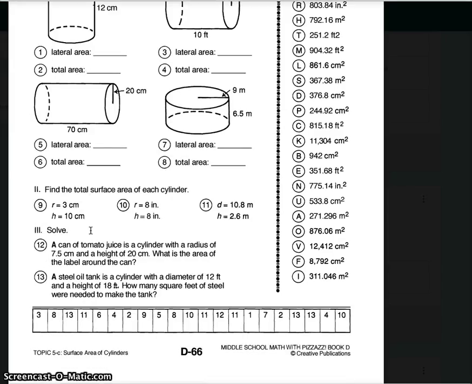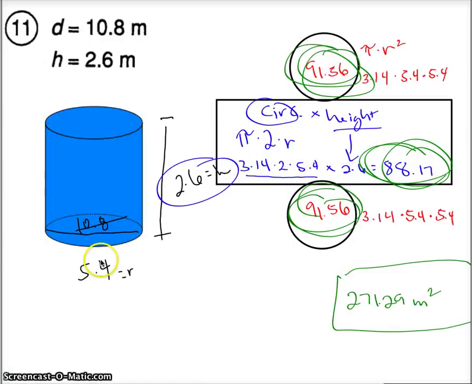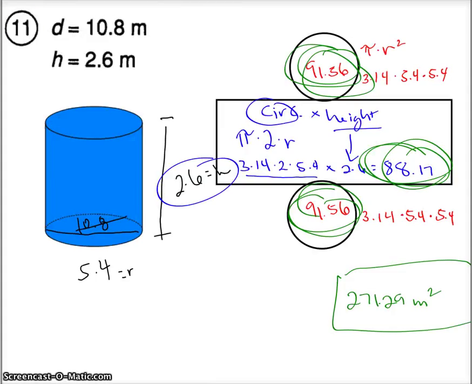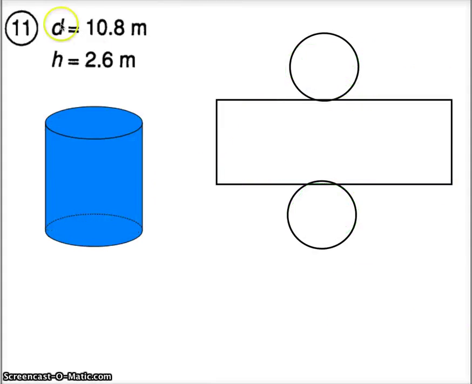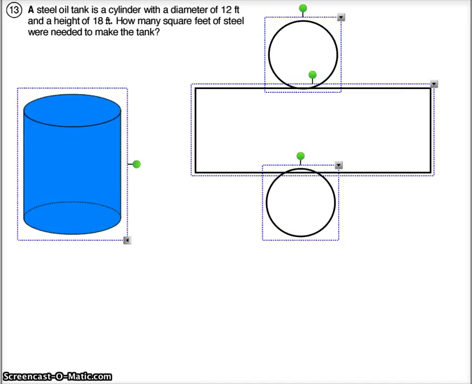Number 13 is here. A steel oil tank has a cylinder, and it gives us information. Again, I'm going to draw this. How much square feet is needed? Drawing this out is really helpful. I'm just going to use the same picture from here, clear everything except this one, copy, and put it here.